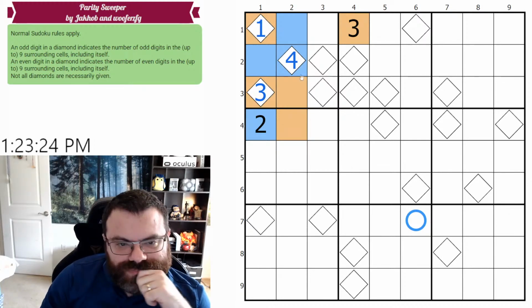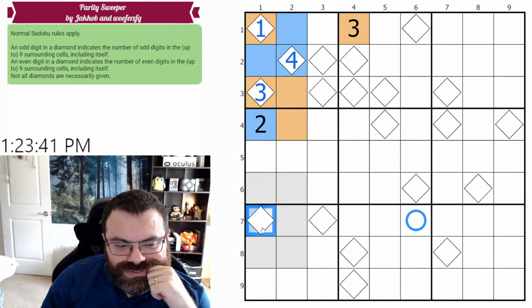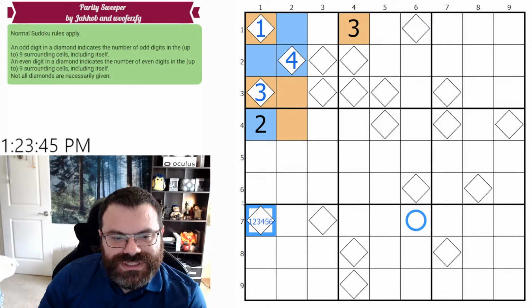All right. There must be a way to grow out from here. What about this one? So if this was even, it would have to be at least 4. It would be 4 or 6. I guess what we know is that this is 1 through 6, but it's not 1, 2, or 3.